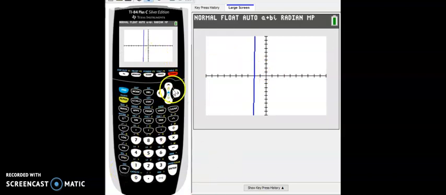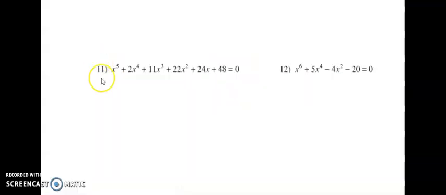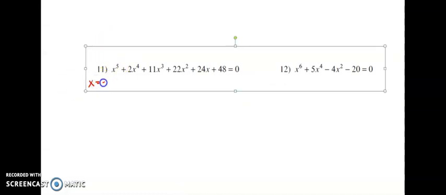Okay, so now I'm going to take that and go back to my worksheet. From my graph, I knew that one of my rational roots is x equals -2. I'm going to take that and synthetically divide into this problem.